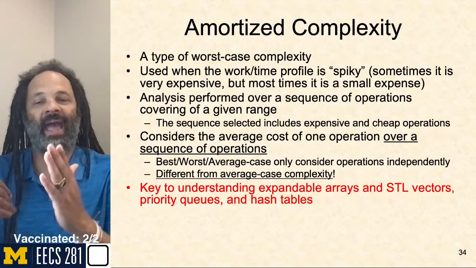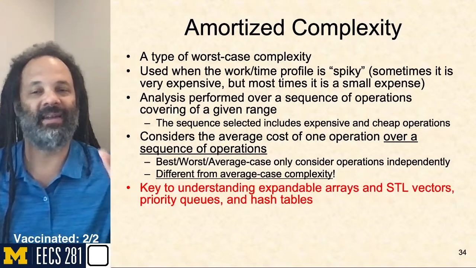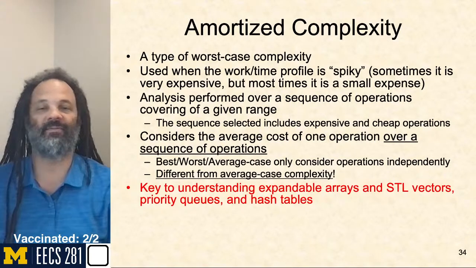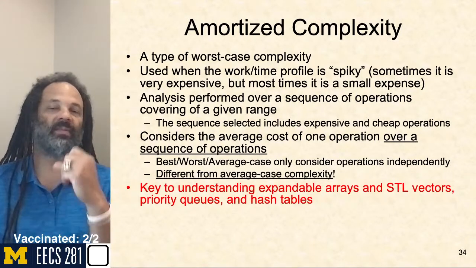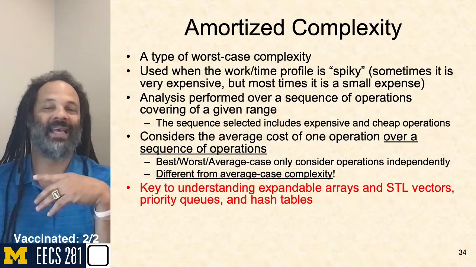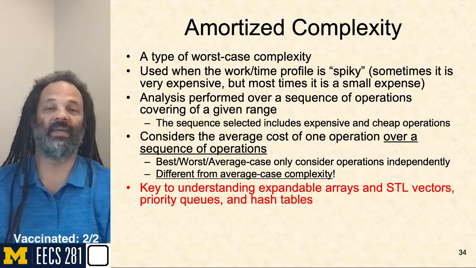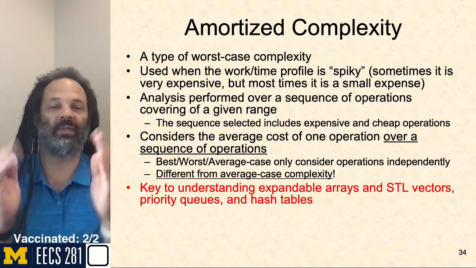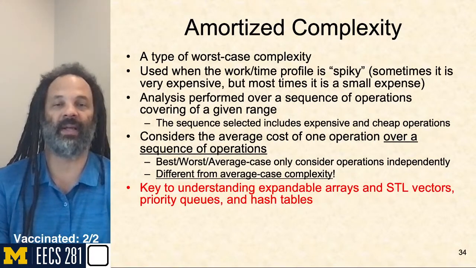So if I go from n, now I've got 2n, I've got an additional new n really cheap steps because there's enough capacity for them. So the first one cost me n to do, and then I've got n minus one of them that cost me 1 to do. So I have to do it over this sequence of operations. That's the way amortized complexity works.